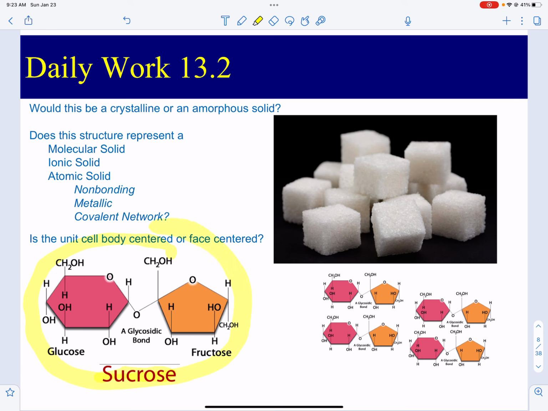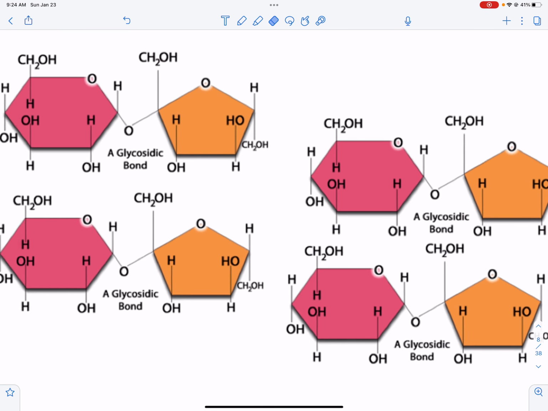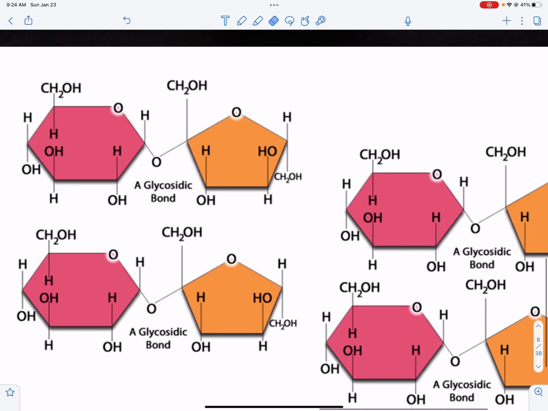A molecular solid would be a molecule attracted to other molecules. If you look at these molecules here, this molecule is not connected to that molecule.